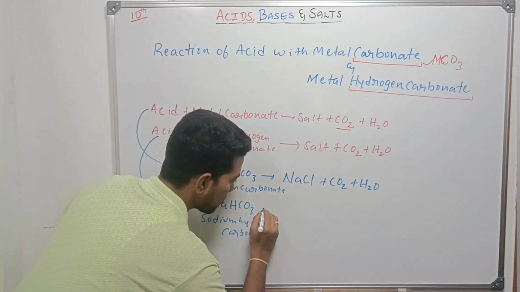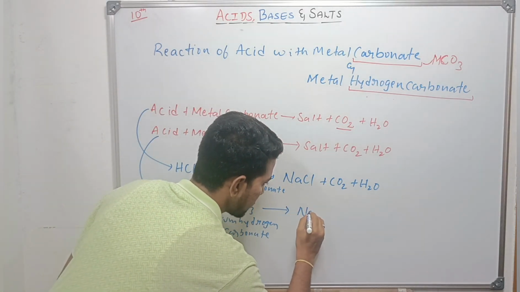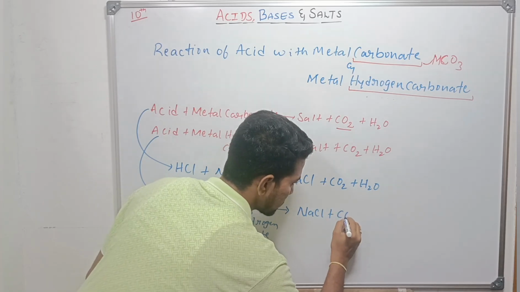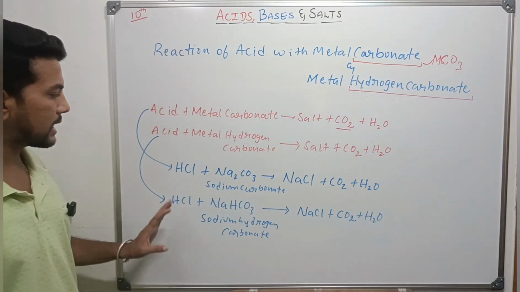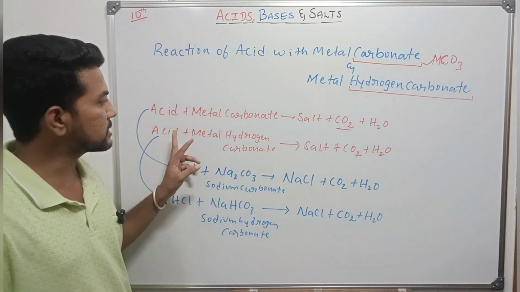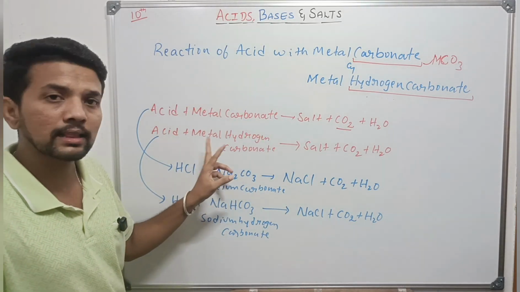Here the products are the same: sodium chloride plus carbon dioxide plus water molecules. So these are the examples for reaction of acids with metal carbonate and metal hydrogen carbonate.